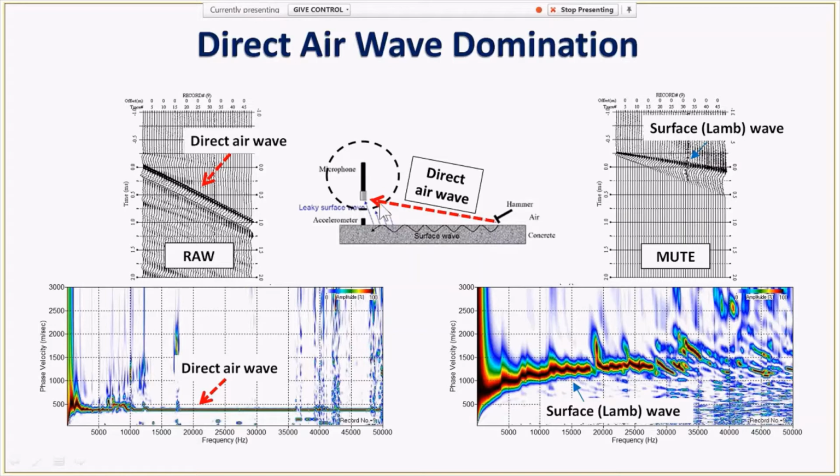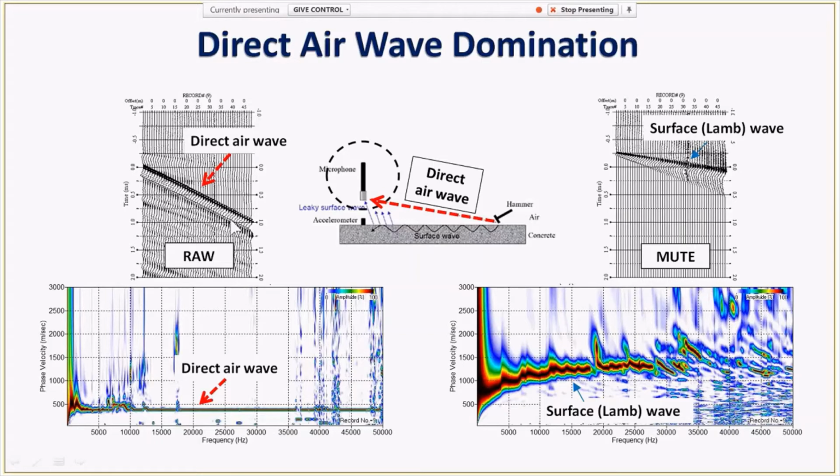That has very significant energy in comparison to the seismic waves inside the pavement layer. So if you display raw field data, you will see a very strong energy arrival pattern, which is nothing but the direct air wave, which is nothing but noise. The Love waves are barely seen here because the air waves are so dominating.